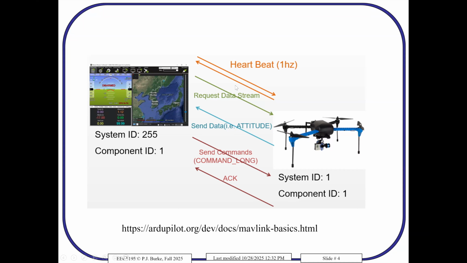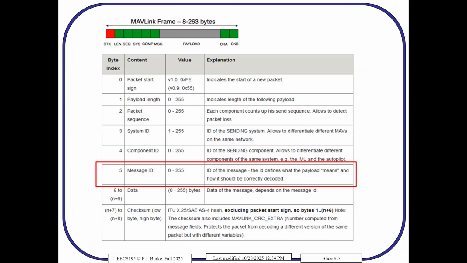So they're sending a heartbeat, they're sending altitude, attitude, they're sending commands, and so on. So like everything, it's very well documented and it's open source. So I'd like to go in a little bit more detail about what Mavlink offers you, just the highlights. And then you can read the documentation if you want a specific function.